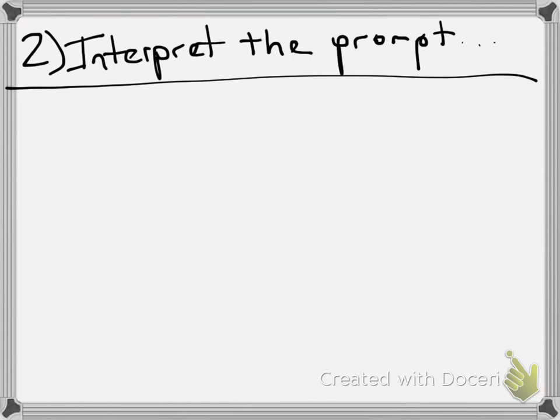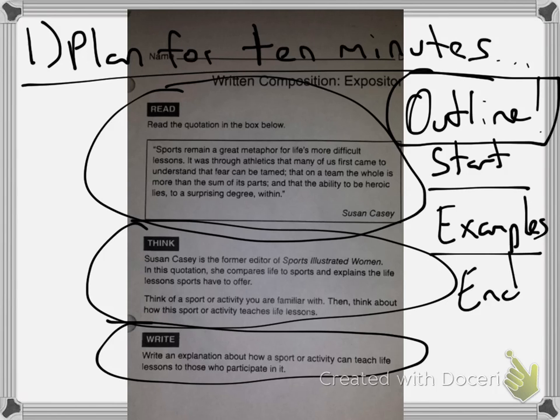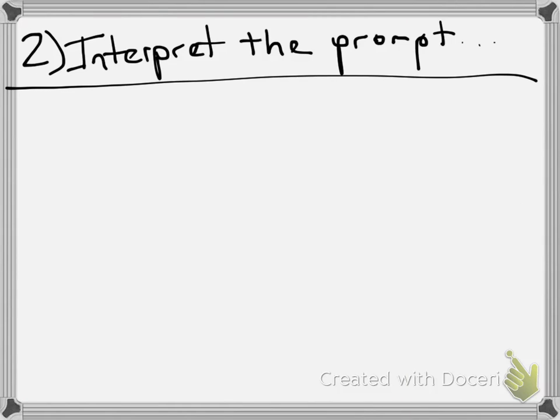Well, first of all, we'll need to interpret the prompt. So going back right over here, you notice the prompt says, write an explanation about how a sport or activity can teach life lessons to those who participate in it. So looking back over here, the first thing you're going to be doing while creating your outline is interpreting the prompt. So we got to write an explanation about how a sport or activity can teach life lessons.